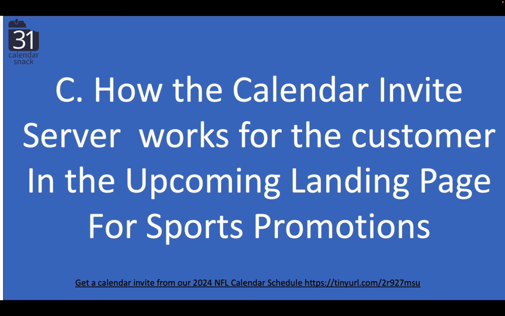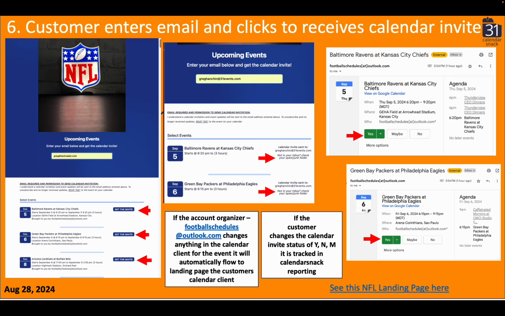the consumer schedules. So how the calendar invite server works with the upcoming landing page to promote, it's as simple as this here. Someone puts in their email address, they click a button, they get the calendar invite over here. It says individually which calendar invites are sent, and they show up as independent calendar invites on the game schedule for the person that has said get the calendar invite.